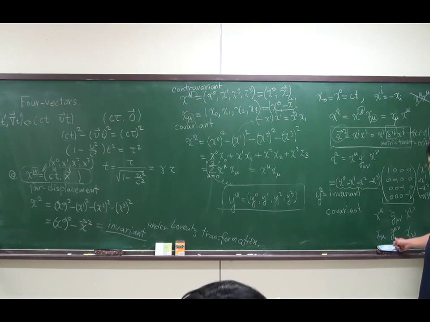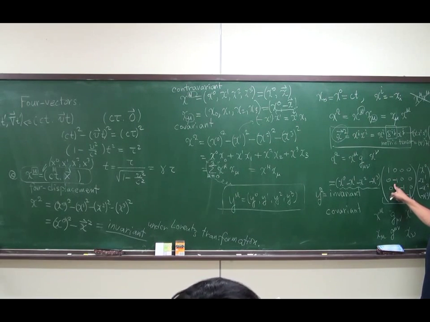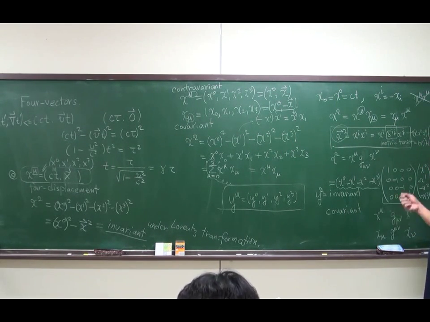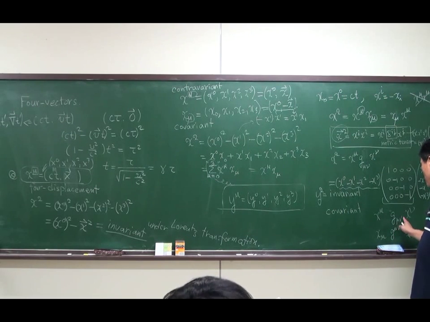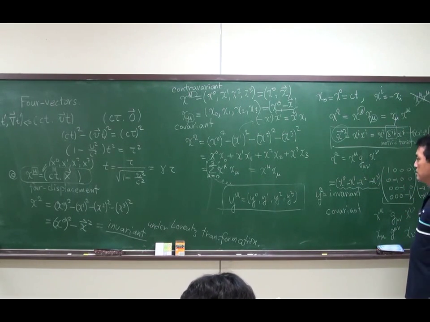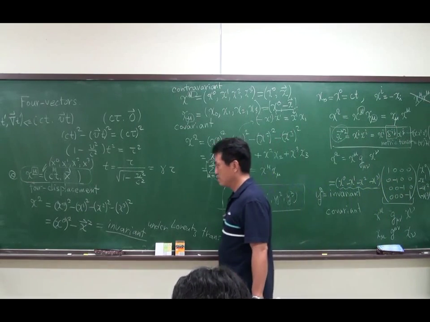So this g^μν is the same as this g_μν. So the numerical values for these two matrices are the same. However, in order to make the expression consistent, we just use lower indices for this kind of expression. Okay? So this g is the metric tensor.